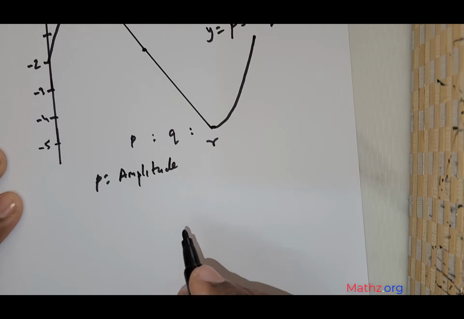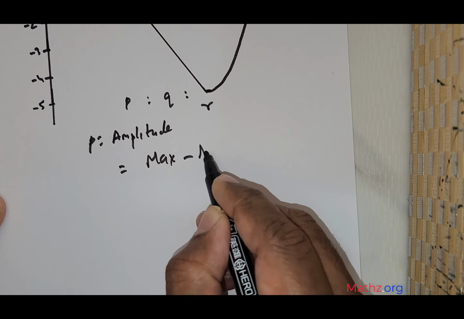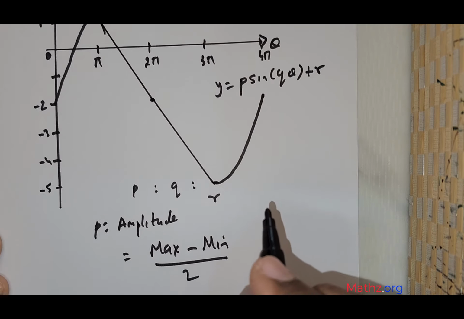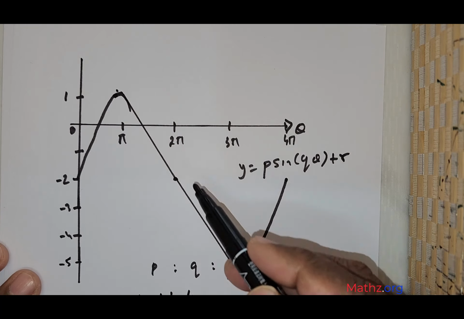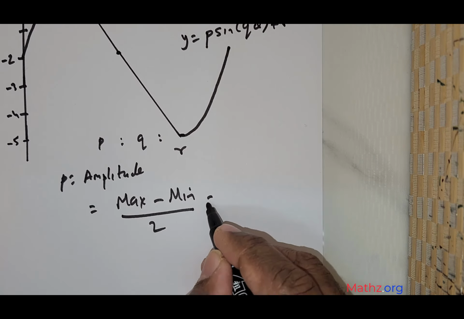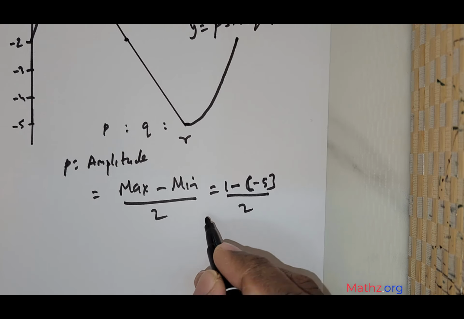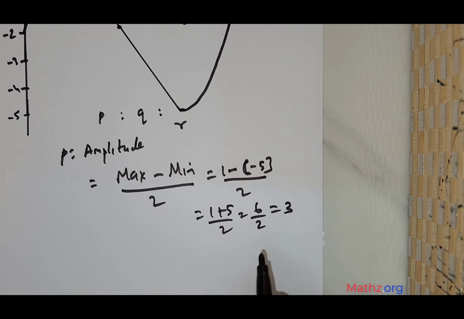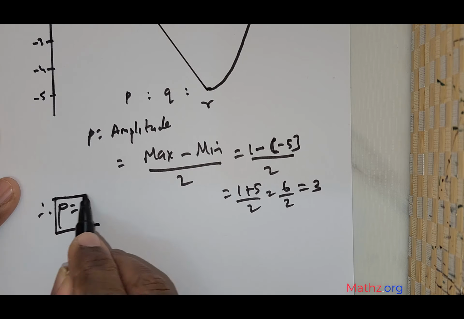Now to get the amplitude, there is a formula. What is the formula? Maximum minus minimum divided by 2. Now you can clearly see the curve hits the maximum at 1 and it hits the minimum at -5. So 1 minus of -5 over 2 will give you 1 plus 5 over 2. That's 6 over 2 is equal to 3. So therefore p is equal to 3. So that's the first answer.